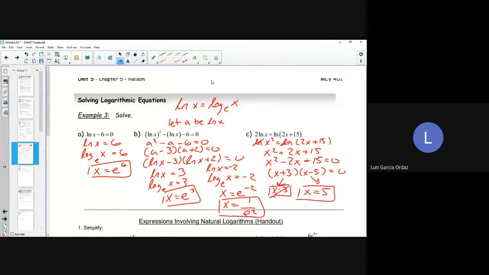Okay, so x is equal to negative 3 is invalid, because it's a negative. Fair enough. But remember, when it comes to logs, we cannot evaluate any negative numbers because the log of a negative number does not exist, which is why negative numbers are usually invalid for these types of questions.